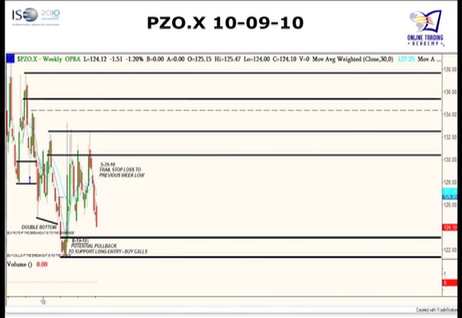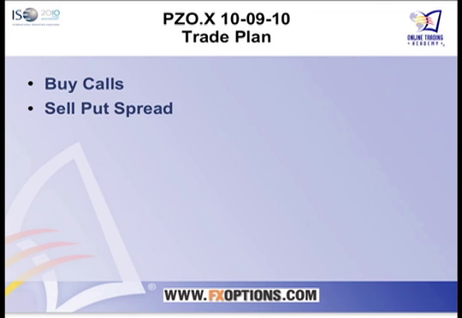I'd be a buyer at 123 with a stop below 121. And my first target, since I'm risking $2, is going to be 128 or 129. Yeah, 129. I was intending to put them on this next slide, but unfortunately didn't get a chance to before I sent the presentation.